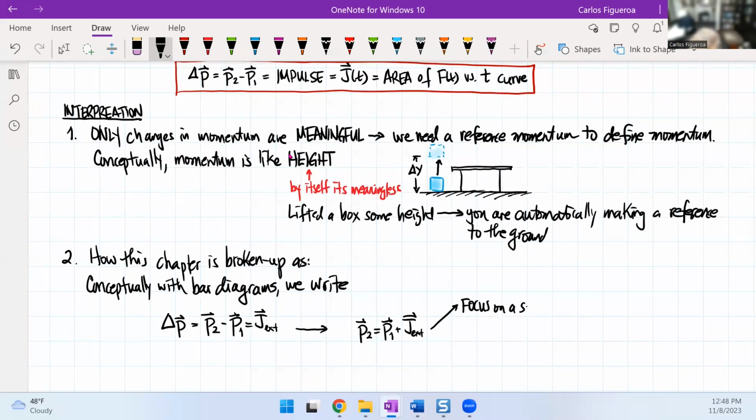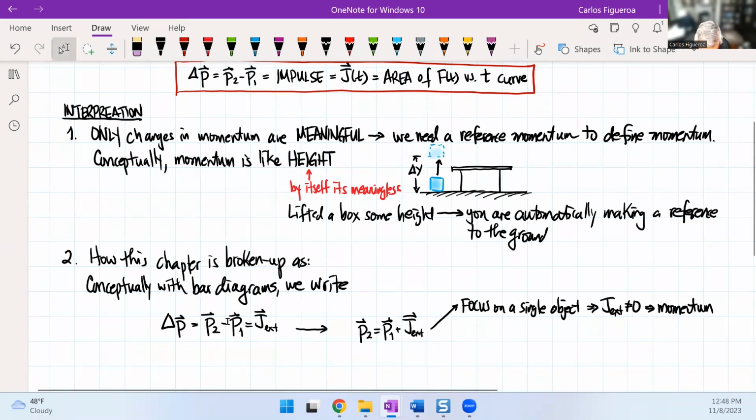on a single object. If you focus on a single object, then what you're going to find here is that the external impulse is not zero, and therefore momentum, you know what, I'm going to move this over because I'm running out of space.